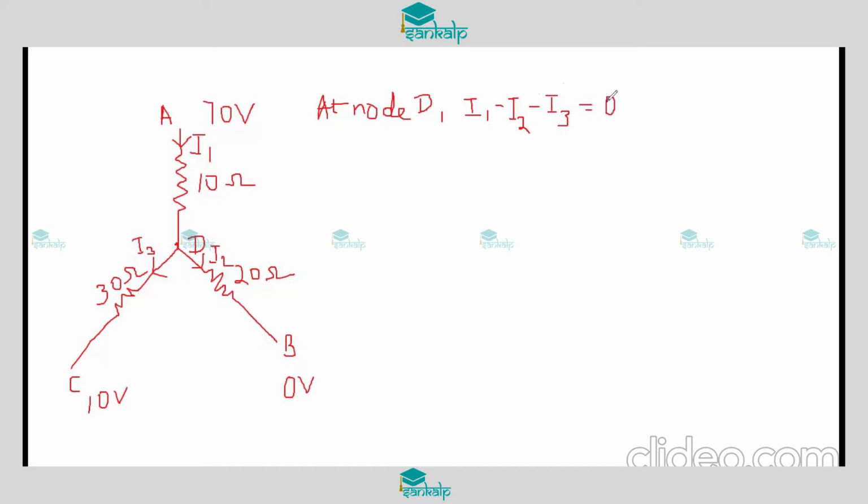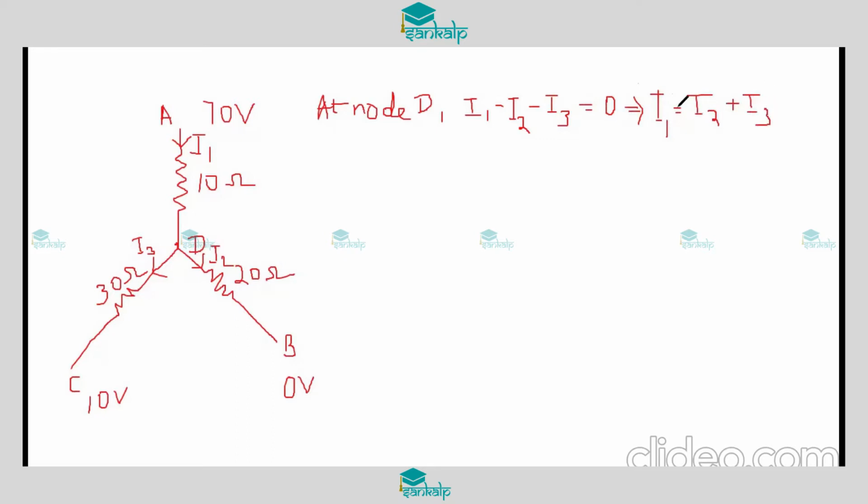As we have already studied, the algebraic sum of the current is equal to 0. Now from this, I can write I1 is equal to I2 plus I3. Okay, so this is the statement.